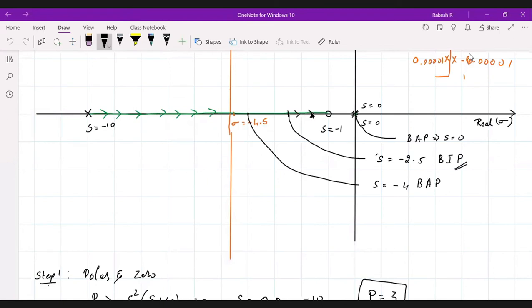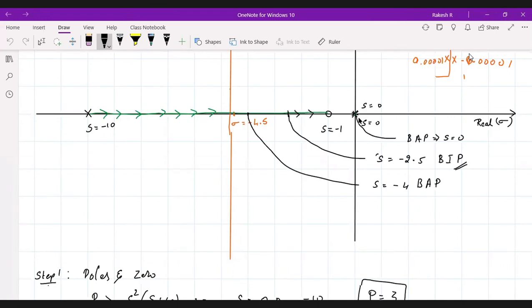Towards right of this, where S equals minus 2.5, we have 0 towards right, so this becomes a break-in point. Here we have a pole towards left, this becomes a breakaway point. This you need to remember here, right?